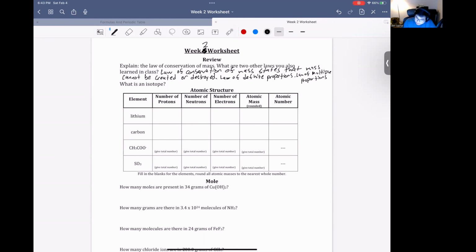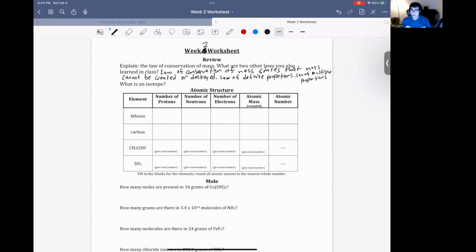The law of definite proportions is going to basically state that if you take water from one source, it has the same proportions as water from somewhere else. It's not going to be H3O, it's not going to be H10O5 or something like that. It's still H2O. Water from your sink, water from your toilet, water from the ocean, it's H2O. That is what the law of definite proportions states.